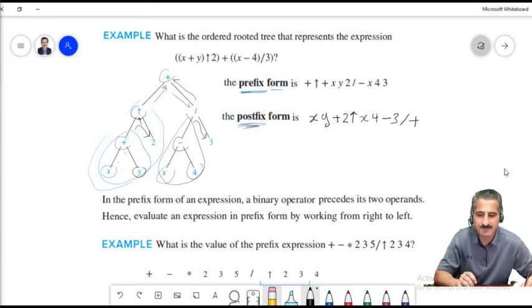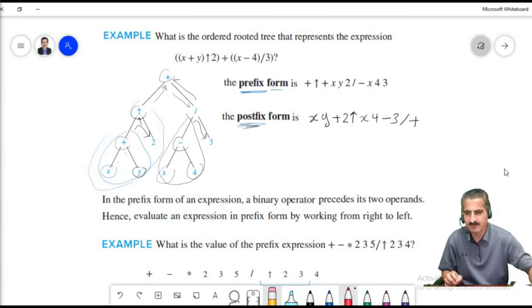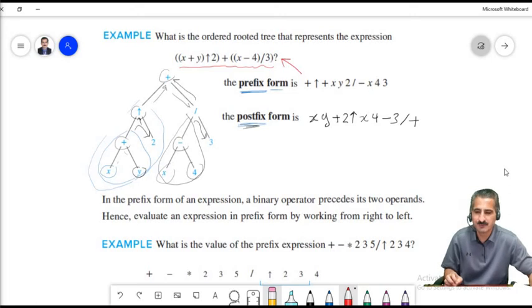So this gives the postfix form. Now, how can we obtain this original expression directly from prefix form or from postfix form? How can we obtain them?